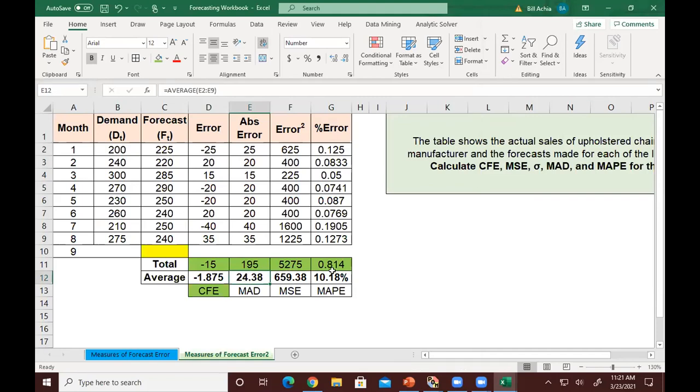Those 24 units mean that your forecast is usually off by around 10%. The bias here was negative, so it means that we forecast usually higher, by around 10% of the actual demand. Those are our measures of forecast error.